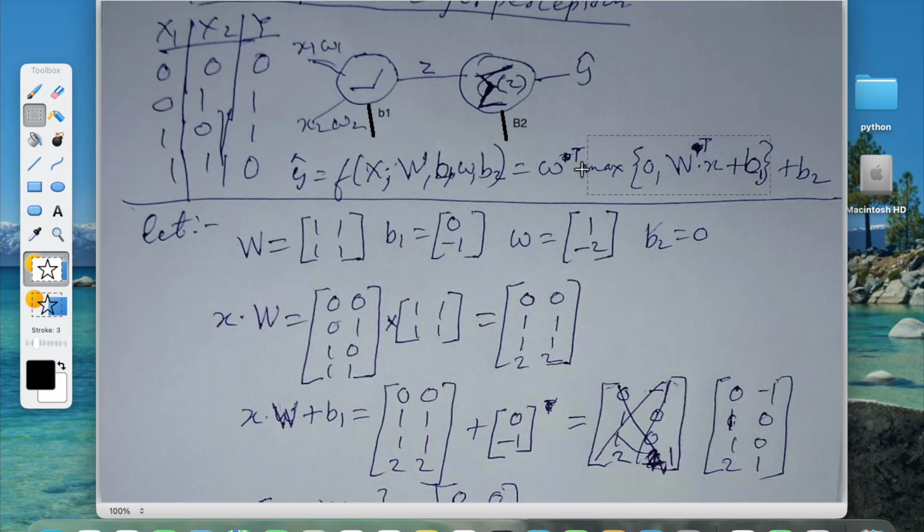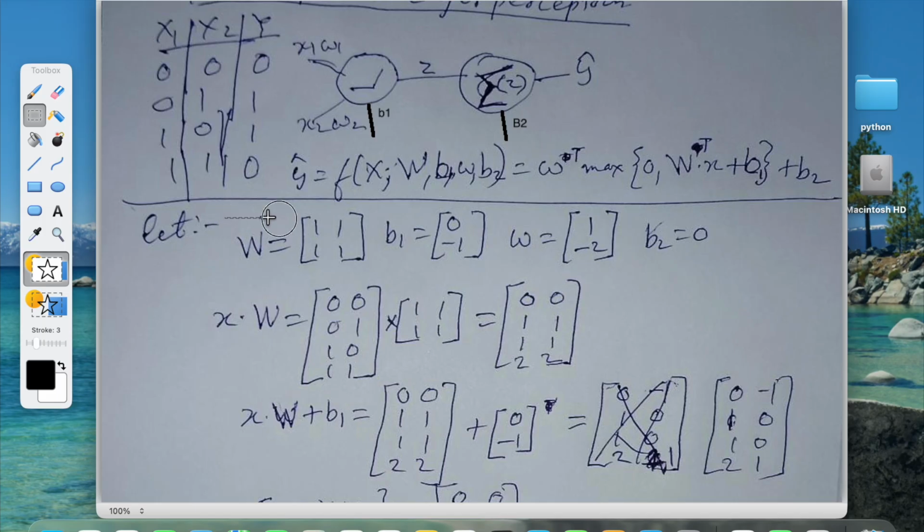With the passing of the ReLU function, max of 0 and that particular value, we take it as z. Then the outermost part, that is wz plus the second bias, is the second layer. So now we have our values.